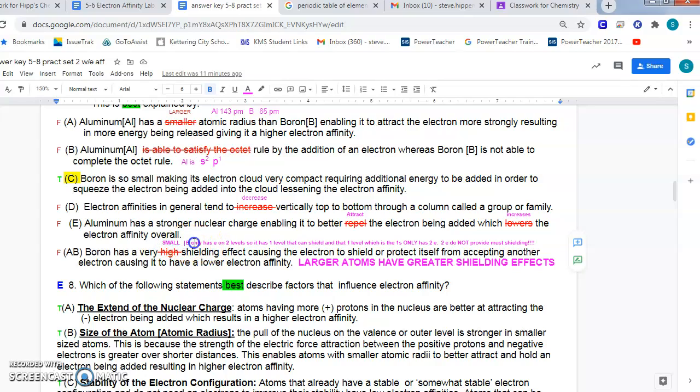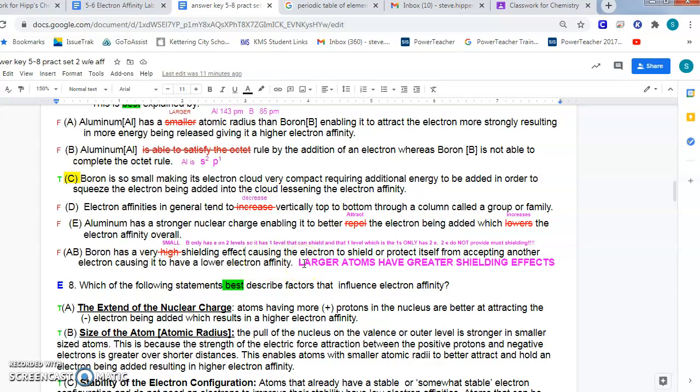Why? Boron only has 2 levels. If it only has 2 levels of electrons, it only has the first level, the 1s, to shield. The 1s only has 2 electrons. Boron has a ridiculously small shielding effect, not a high shielding effect. Shielding effect does lower electron affinity.